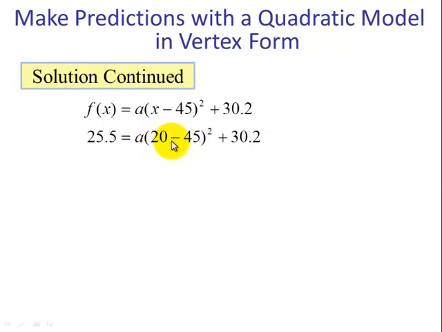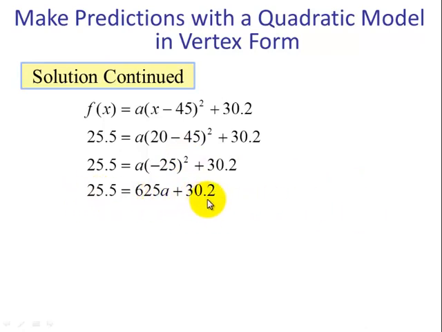Following the order of operations, I have to do parentheses first. 20 minus 45 is negative 25. Next, I square. So now I have a linear equation. I want to subtract 30.2 from both sides. Then finally divide by 625. So a is approximately equal to negative 0.0075, rounded off.